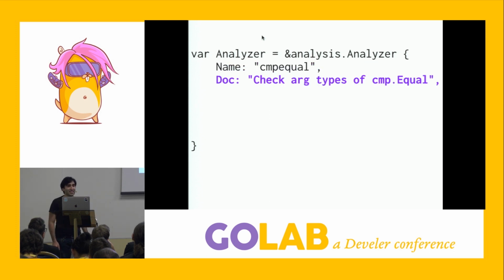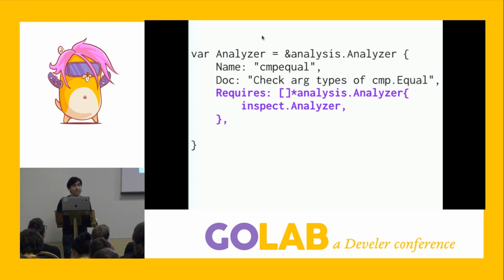And the Doc is going to say exactly that. That's useful when someone is trying to figure out what the analyzer is doing. Then there's Requires. Requires allows you to say that your analysis depends on the result of another analysis. I'll go a little bit into what the analysis we're depending on does later.